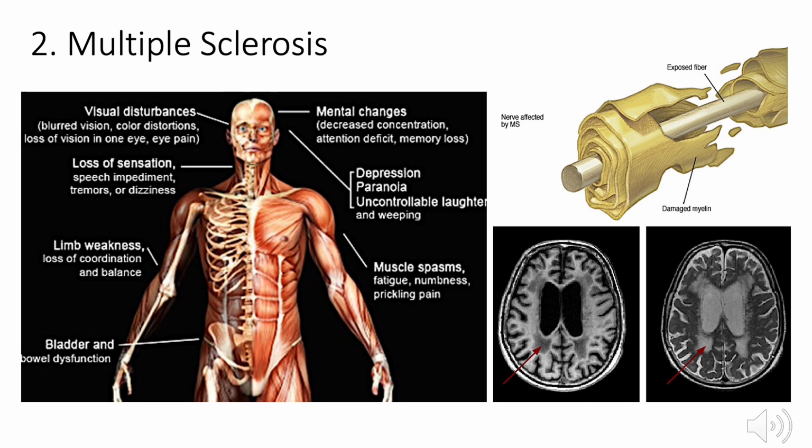Symptoms include blurred vision, loss of sensation, limb weakness, bladder dysfunction, tingling, and numbness. Immunosuppressive drugs such as prednisolone and methotrexate can relieve these symptoms and delay disease progression.